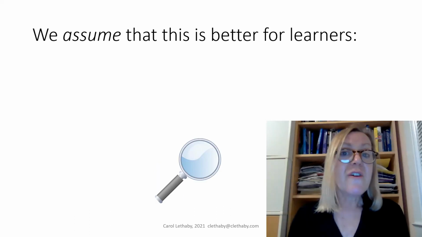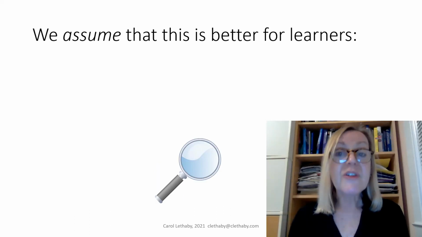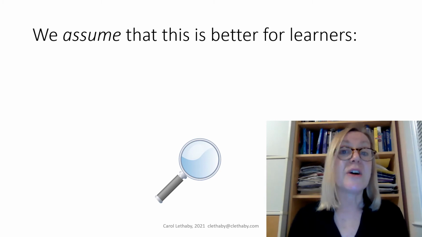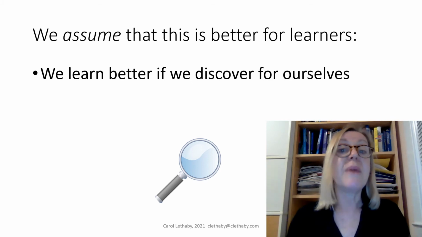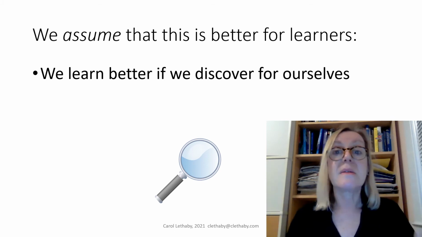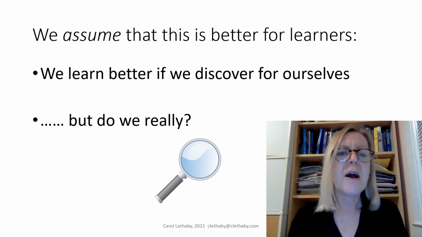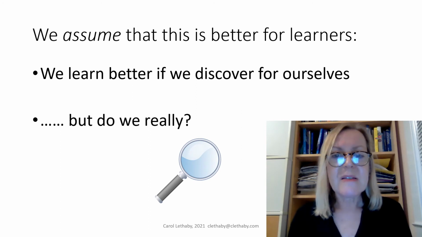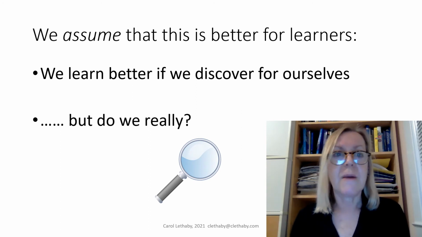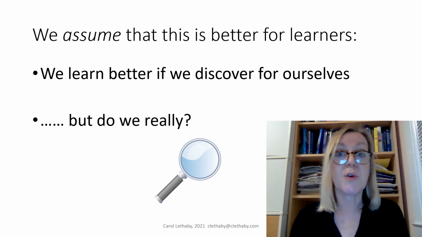And very often we assume that this is better for learners. You know, we think that we learn better if we discover things for ourselves, and that somehow it causes deeper processing or whatever. But do we really?